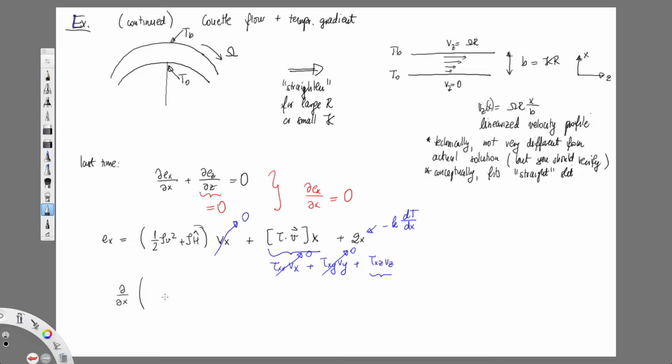It's negative mu times dvz dx. All right. So that's my tau xz times vz, minus k dt dx is equal to 0.